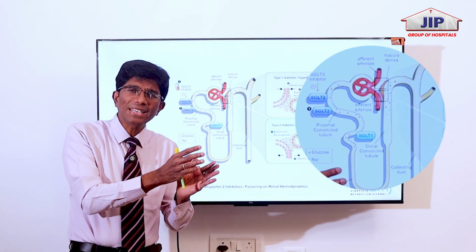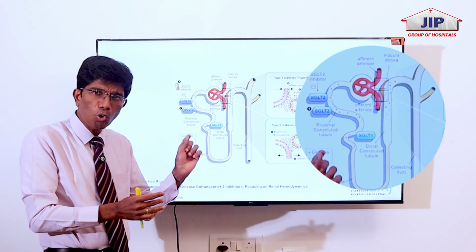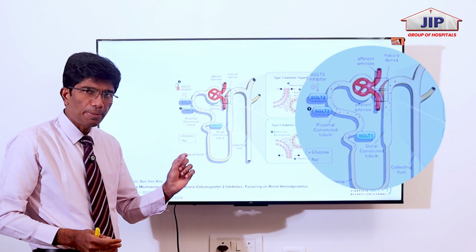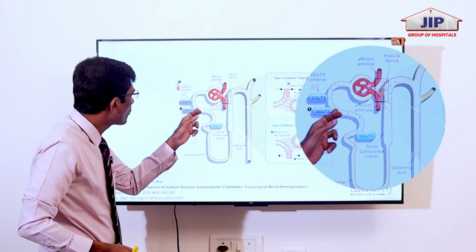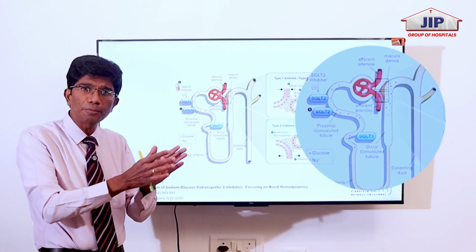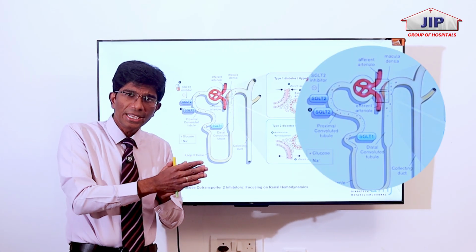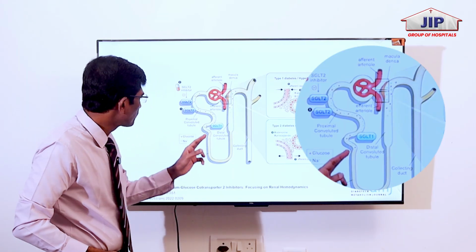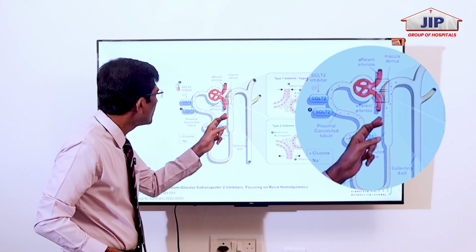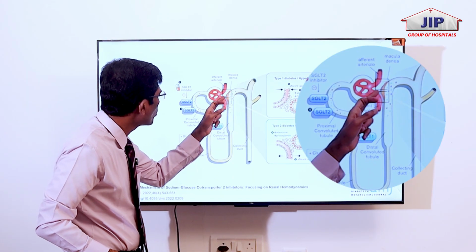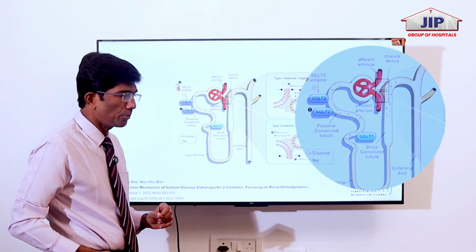So for those who take an SGLT2 inhibitor, the most important pathophysiology is that whatever sodium is supposed to be absorbed from the proximal tubule is excreted through the loop of Henle, and more and more sodium is delivered to the distal tubule.